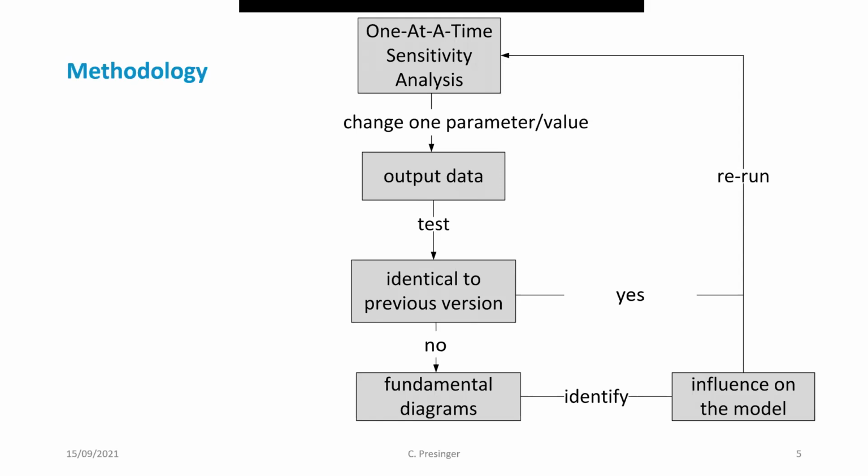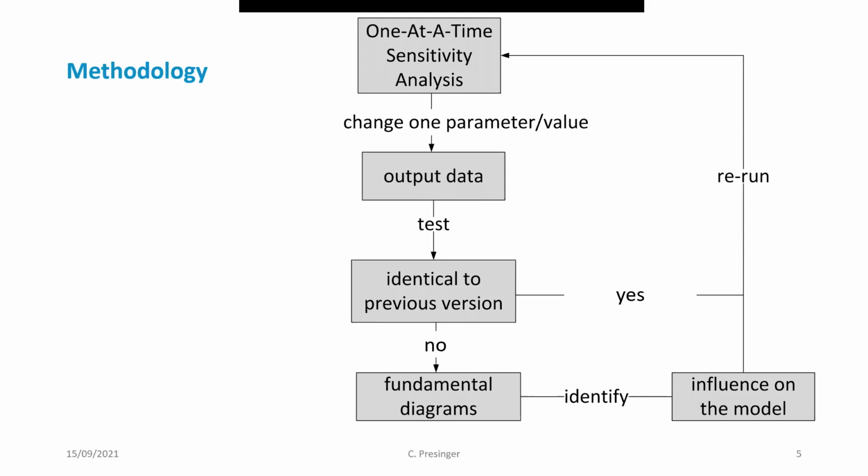This means, for example, if you have the edge length, I changed it from the default value into a certain amount of meters. I will explain it later, one at a time. And then I created my output data for every setting. And this output data I compared to each other.